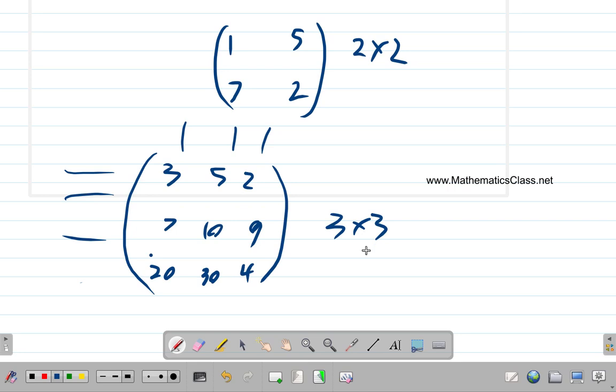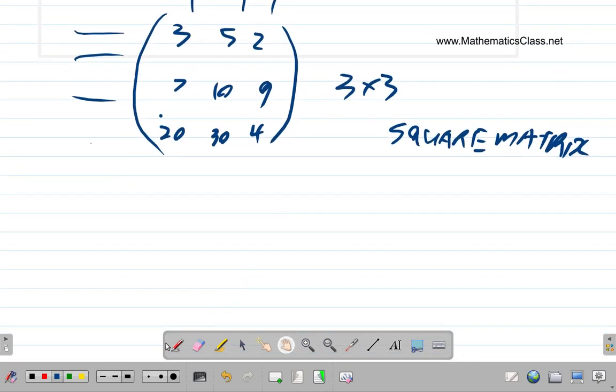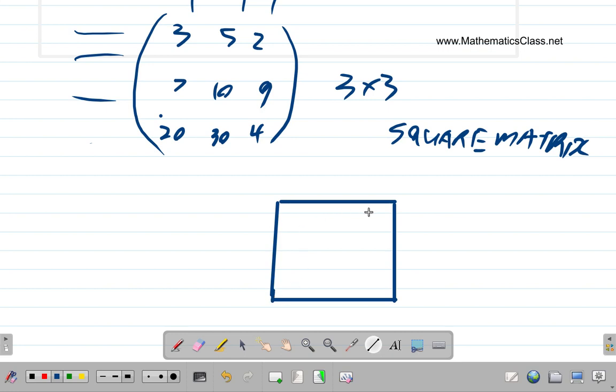In fact, when the number of rows equals the number of columns, you say what you have got is a square matrix. You remember that a square is a quadrilateral, a 4-sided figure, each angle 90 degrees.